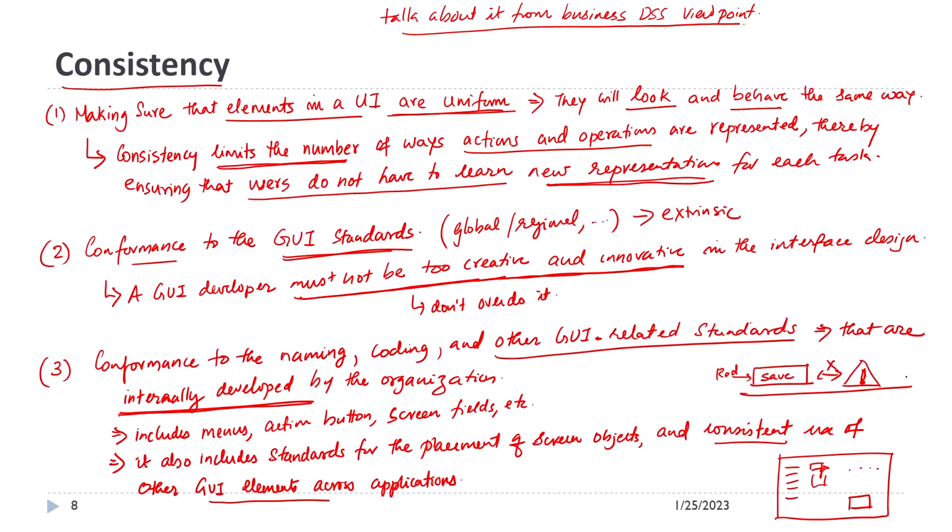So, the consistency is also very critical when a user is using the graphical user interface, especially dealing with a decision support system that is supposed to support him or her in a very undefined, or what we call extremely undefined, decision problem. Okay.